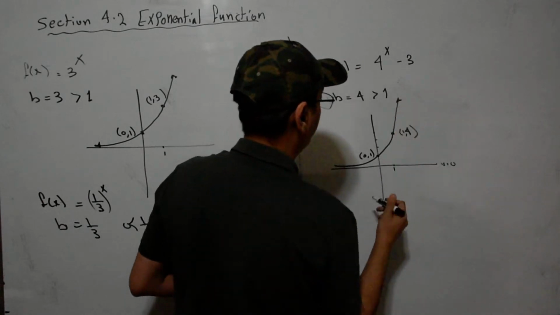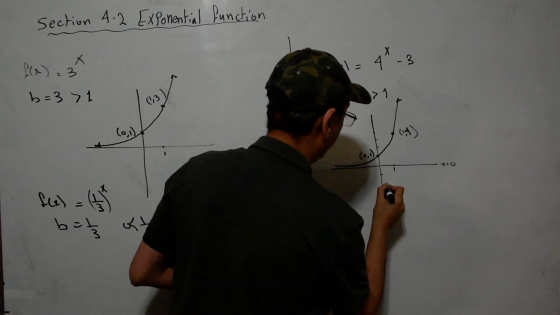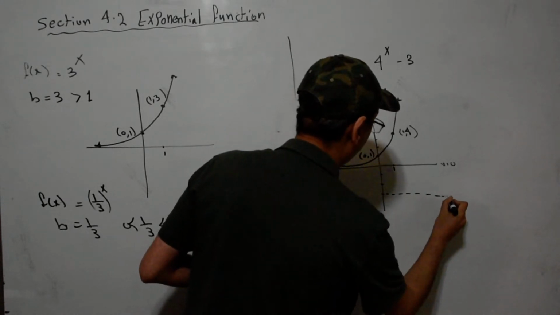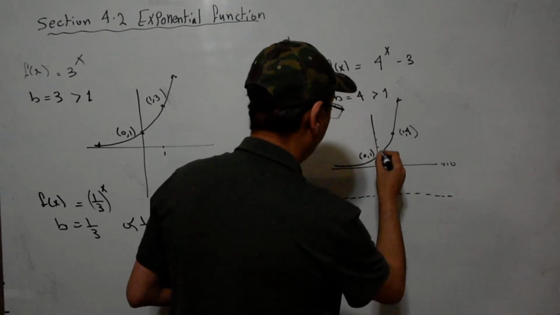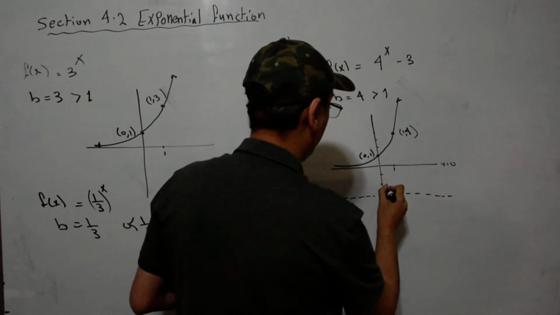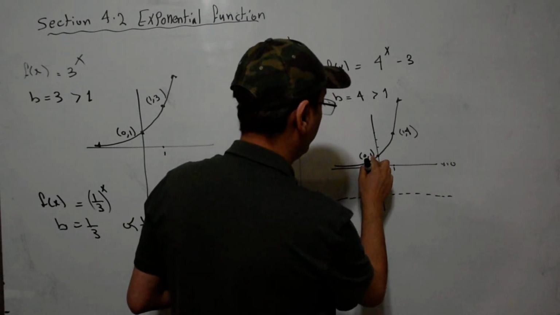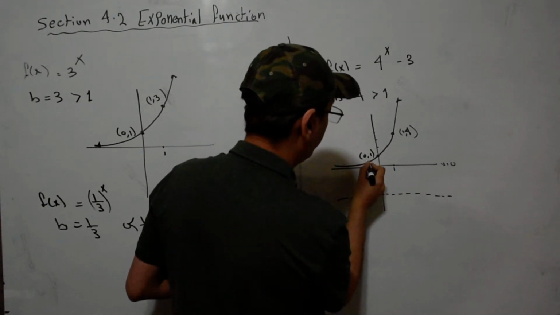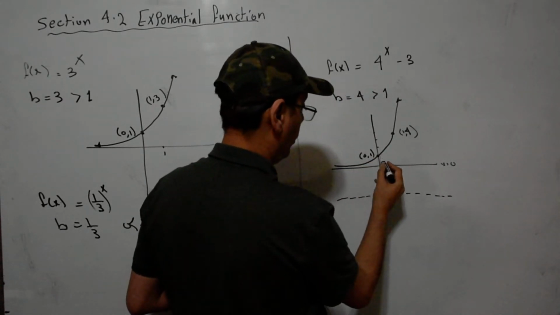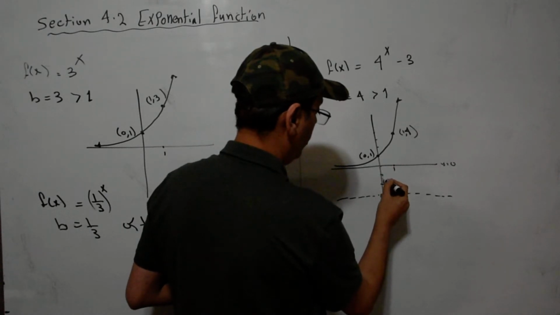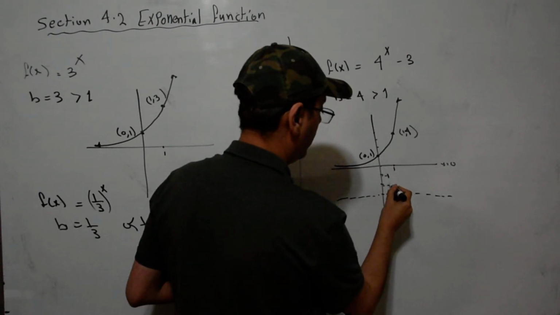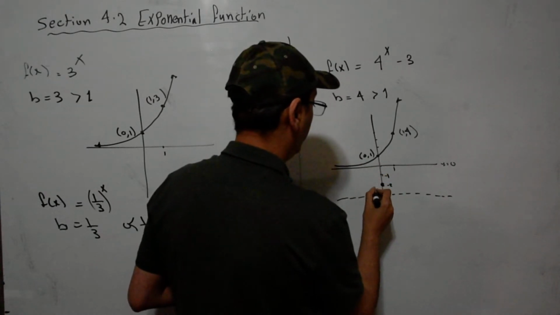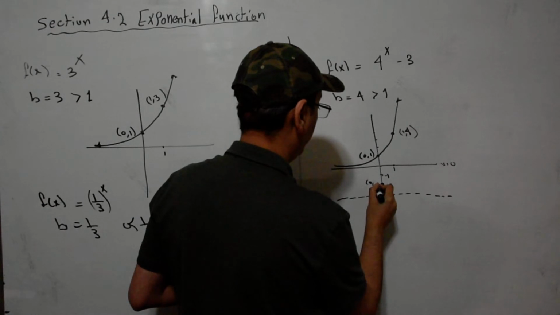So we have to shift it negative 3, so this is negative 1, negative 2, negative 3, okay, and make this line, and follow the same thing here, so that 0 and 1, we're going to decrease this by 3, so there's going to be 0 and negative 2, or we can count down 1, 2, 3, and this negative 1, this negative 2. So the new point is 0 and negative 2.